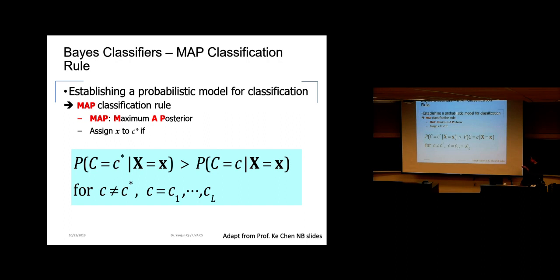For all these C1 onto CL, you just compare, and for every Cj, the one that gives you the biggest probability is the C star, which is reflected by this formula.